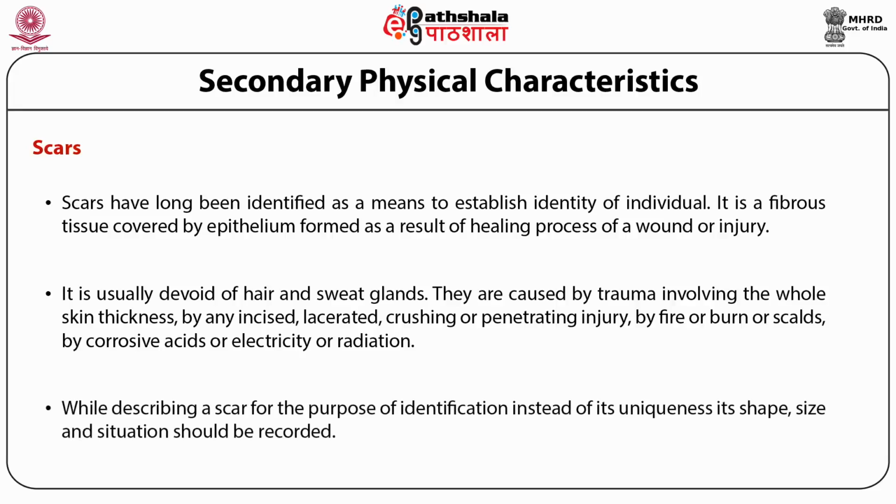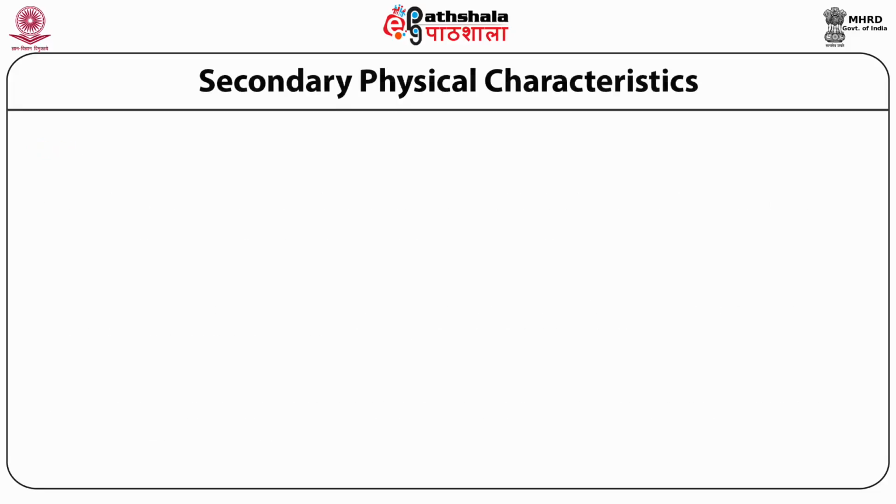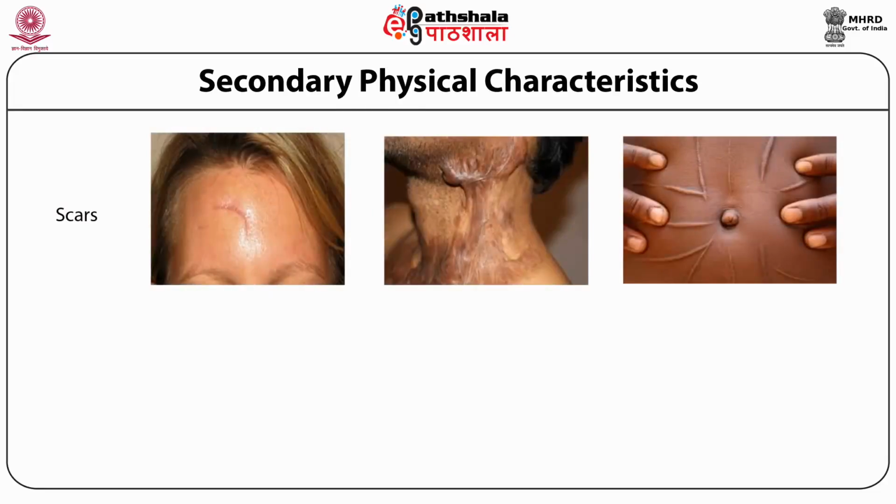While describing a scar for the purpose of identification, besides its uniqueness, its shape, size, and situation should also be recorded. The presented illustration is showing you different types of scars caused by surgery, wounds, or injury.